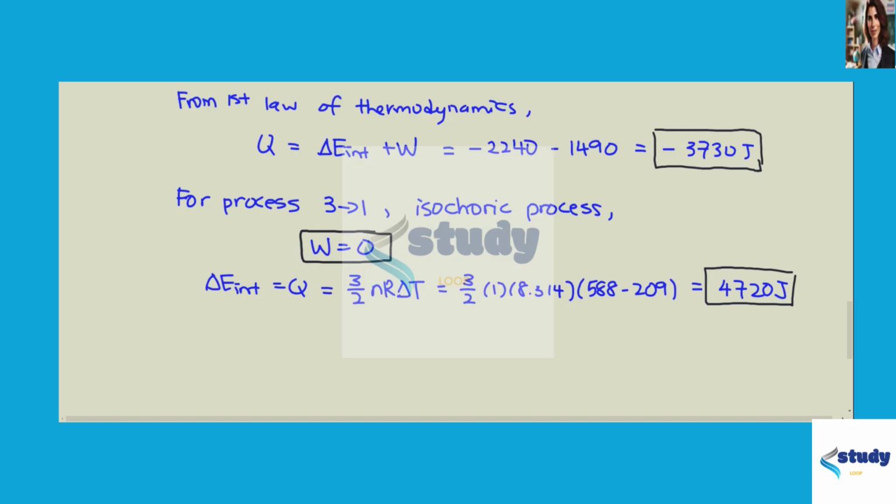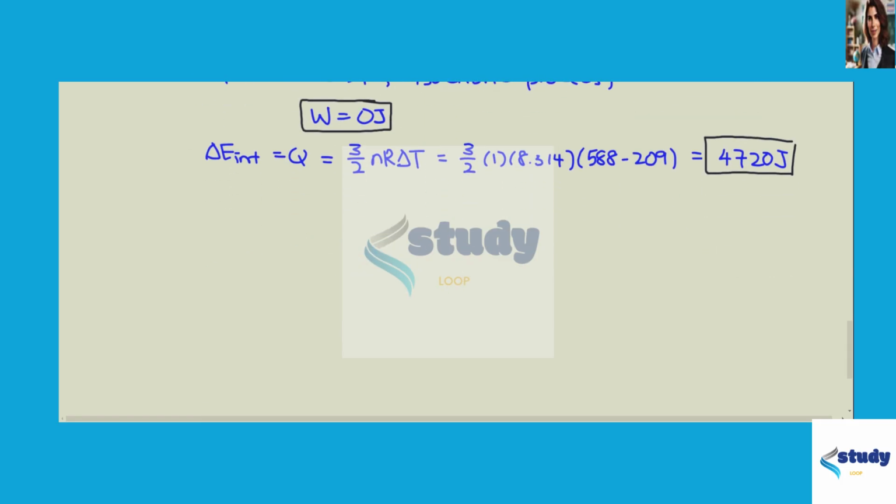Right, so I'm going to summarize them into a table, because once we summarize in a table, we can do part D easily. So we have process, delta E internal in joules, Q in joules, W in joules. We have 1 to 2, 2 to 3, 3 to 1.